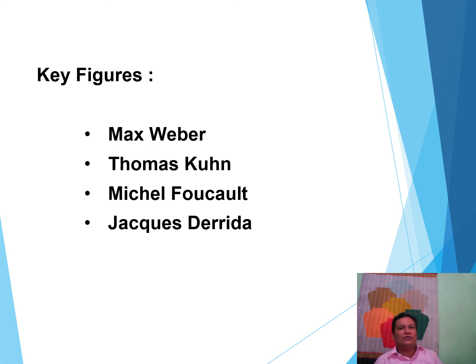Verstehen was the term he coined for this, which is German for understanding. Thomas Kuhn, he revealed that scientific research cannot be separated from human influences and is subject to social norms.